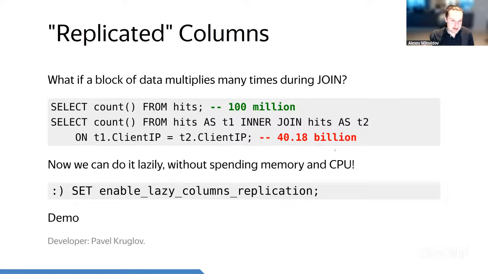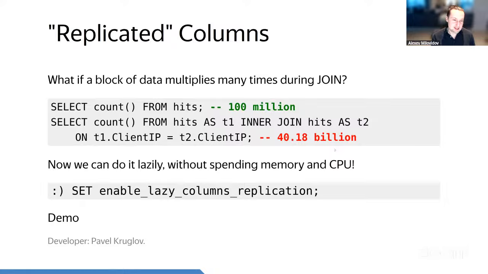Because oftentimes from a single IP address, we have maybe 10, maybe 100, maybe even 1,000 hits. And when you do this join, for every IP address, it will do something like a full direct product, like a cross join.